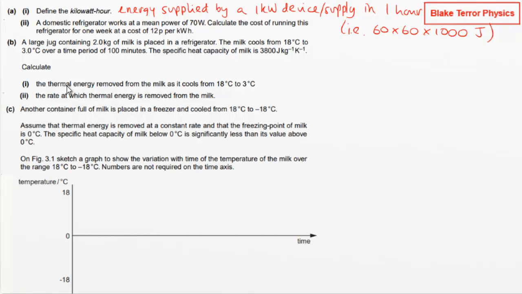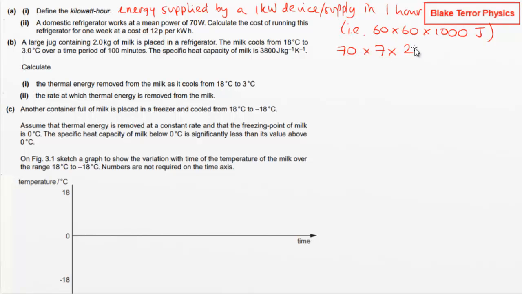A domestic refrigerator works at a mean power of 70 watts. Calculate the cost of running this refrigerator for 1 week at a cost of 12p per kilowatt hour. So we need to work out how many kilowatt hours we've got. That means we're going to have 70 times 7, so that's the power times the days in the week.